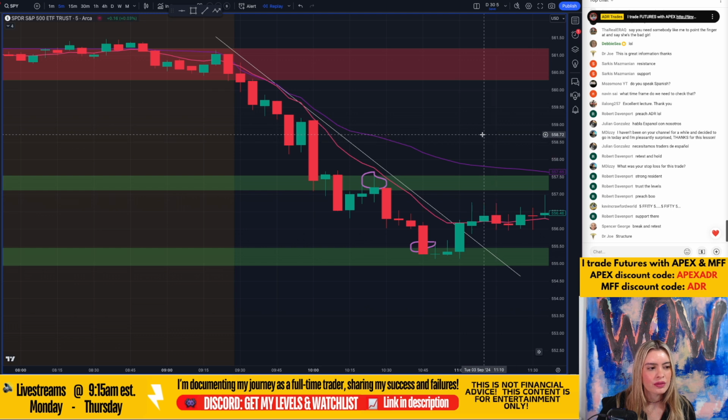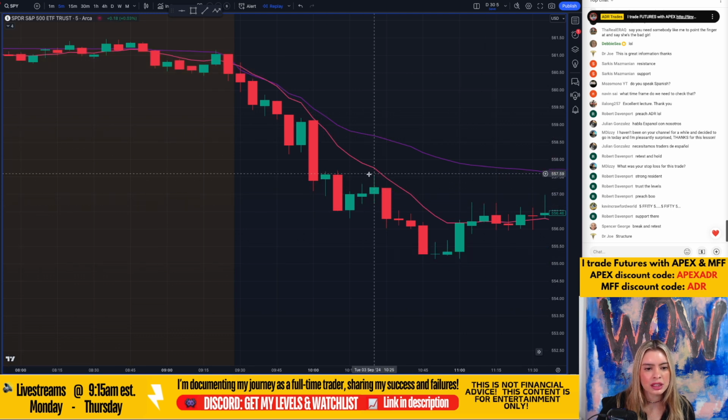So if I take out everything, what is this candlestick telling me there? It has a long wick at the top, right at this previous support, which acted as resistance here. What is it doing here? Again, acting as resistance. We have a long wick at the top with a small body.